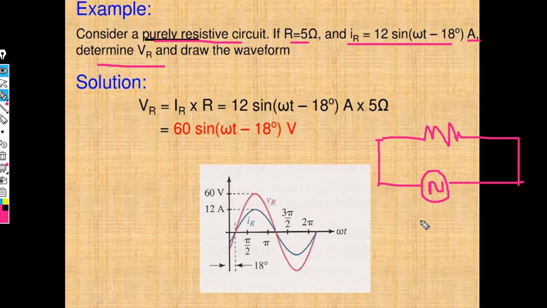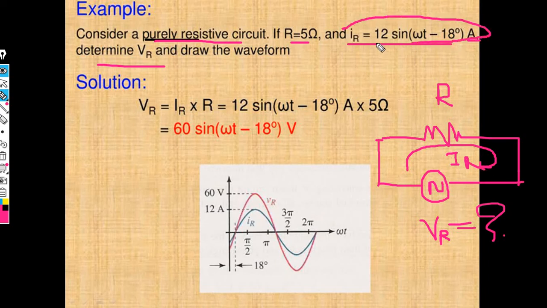Now we have to calculate the voltage across the resistance. The current IR is flowing through it, and IR is given here. This is a purely resistive circuit.